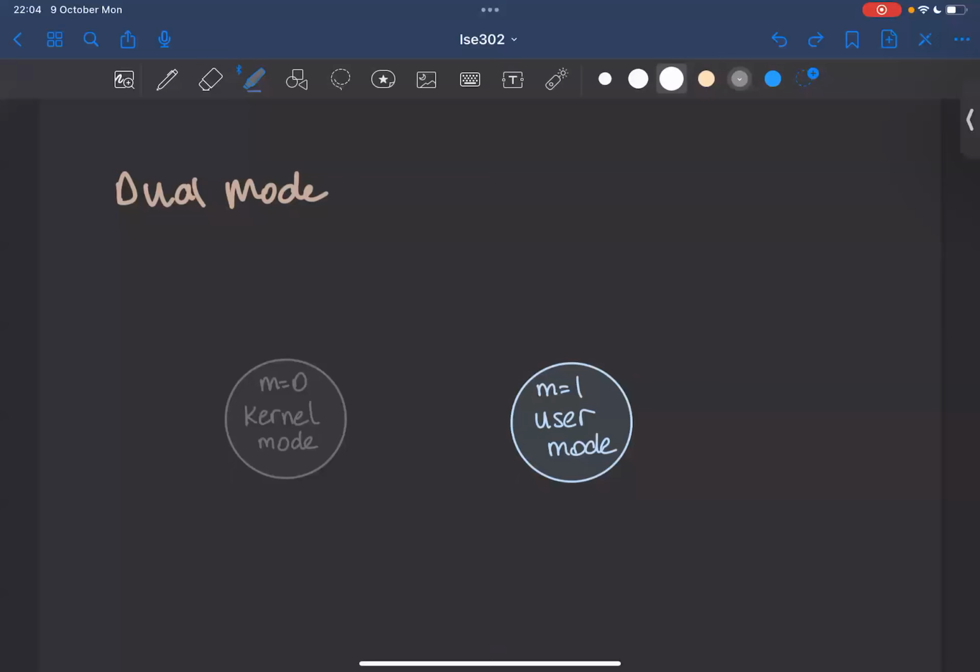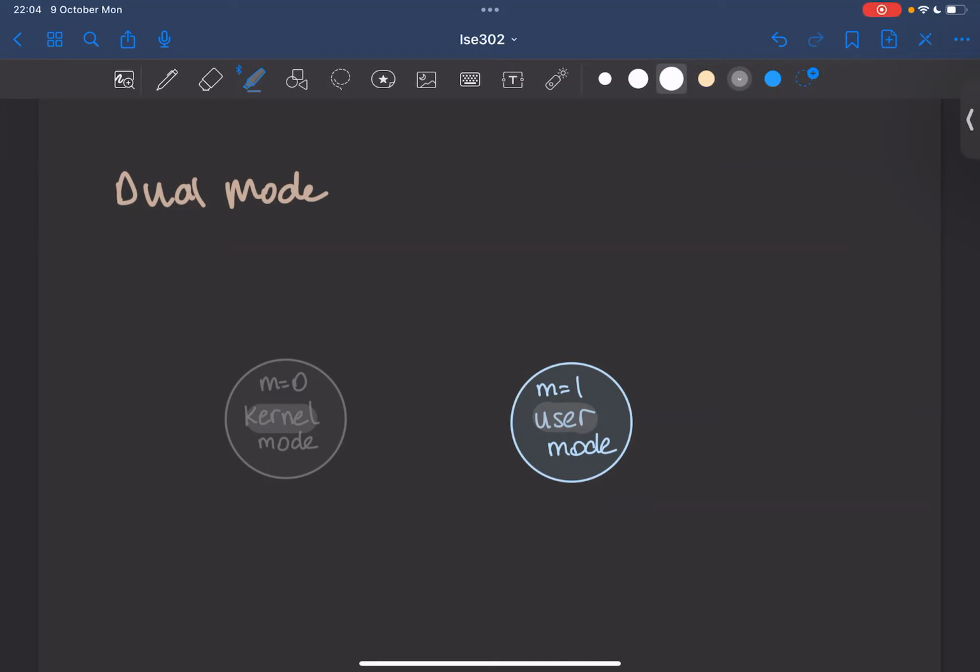Okay, so in computers there are two special modes, kernel mode and user mode. The system of dual mode operation ensures that your program runs securely without interfering with the core functions of the computer. It is like having different levels of access to keep everything in check.